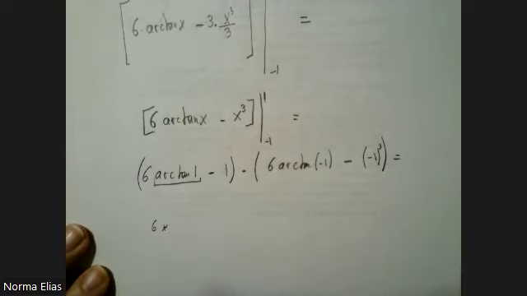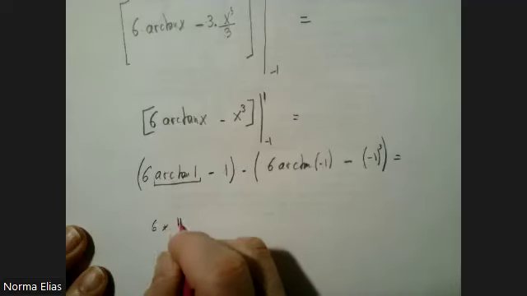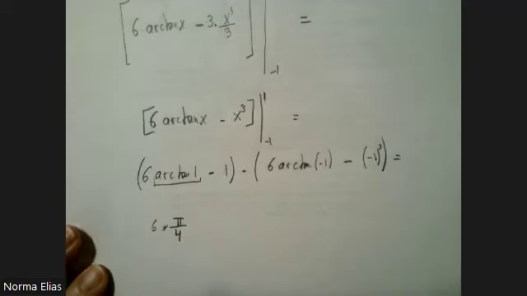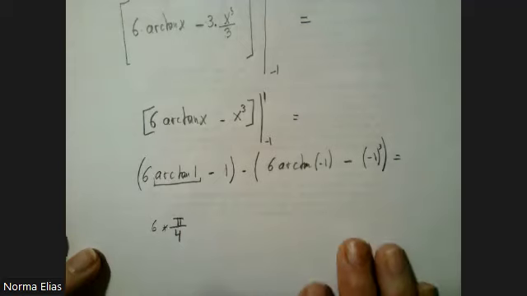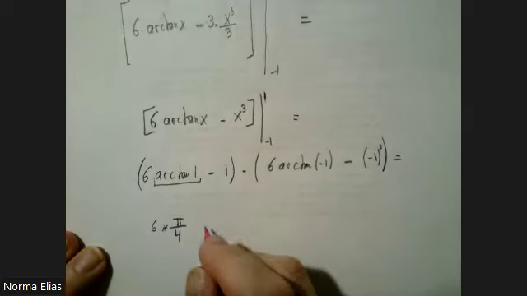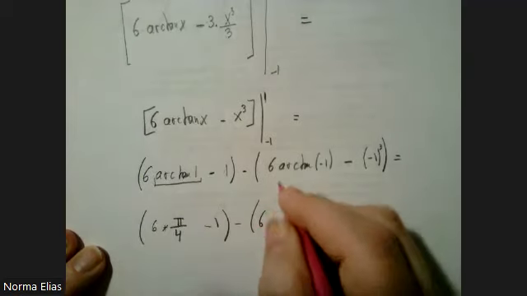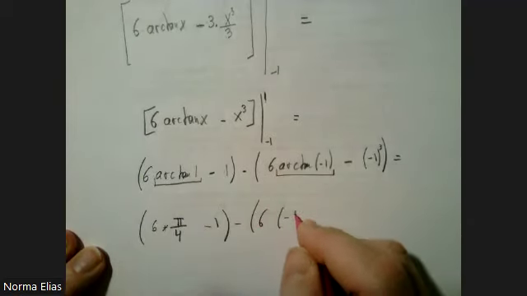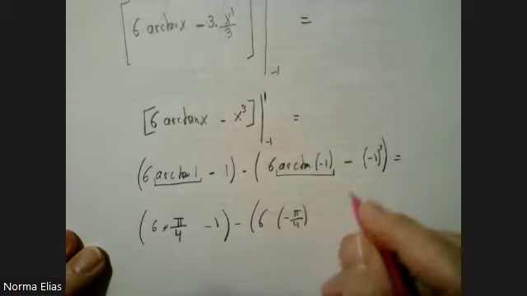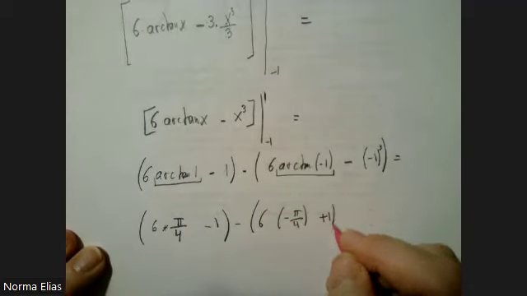45, and we don't use 45. What do we use? Calculus does not use degrees, as I said several times. So 6 pi over 4 minus 1, minus. Arctangent -1 is minus pi over 4, minus -1 plus 1.